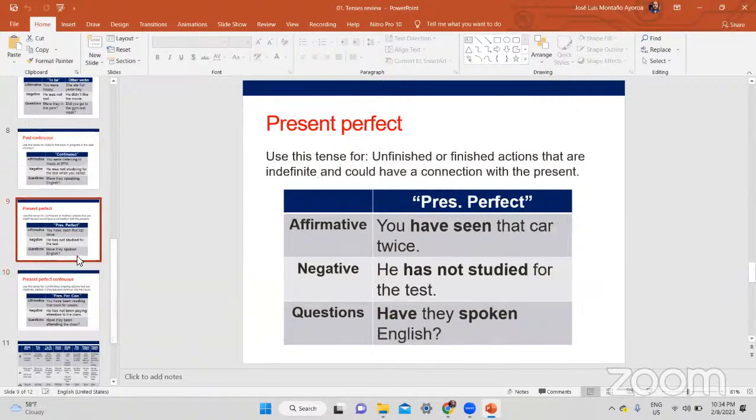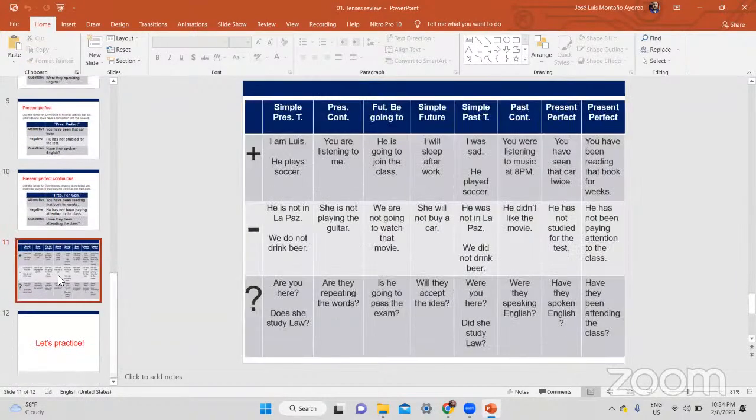So we're going to cover these two tomorrow. They are very important. And here you have a chart with all the tenses. So if you have any doubts as you are speaking or writing, Leandro, you can use this chart and you can verify the logic of the tenses in affirmative, in negative, and in the interrogative form to see if you are following the rules and to see if everything is correct.